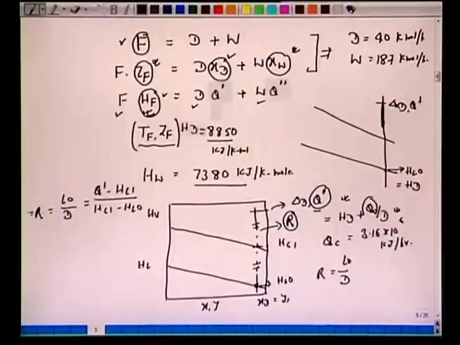So if we know the reflux ratio, these quantities are known to us, we can calculate Q dash, which is same as from the geometry here. We can measure this segment by a scale, and we take the same scale here to obtain this Q dash, and from this Q dash, it equals HD plus QC by D. HD we just now calculated, right? HD is known to us here, so we know HD, and HW we have calculated 7380 here. From this we can calculate condenser load, which is the first part of this question here.